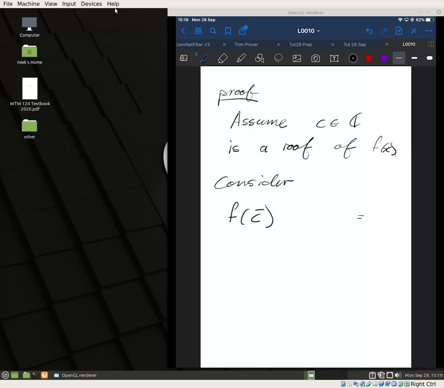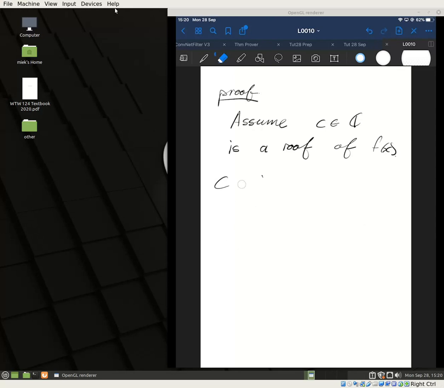And now remember, where do we want to get? We want to show that this is equal to 0. Actually, before we do that, let us make f a little bit more explicit.